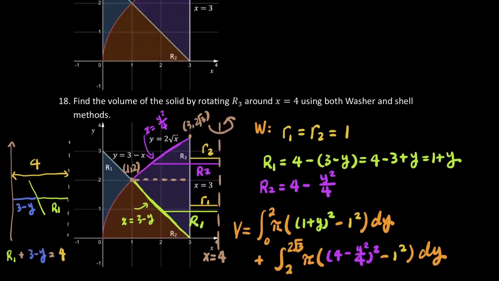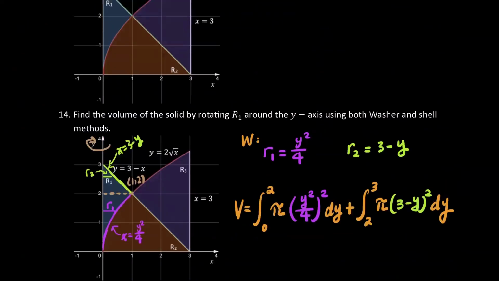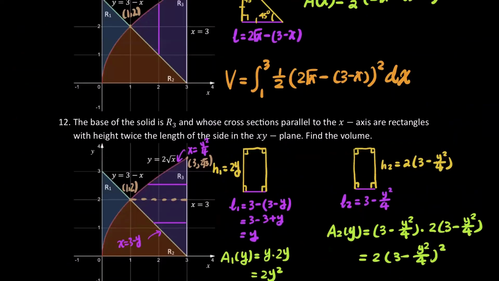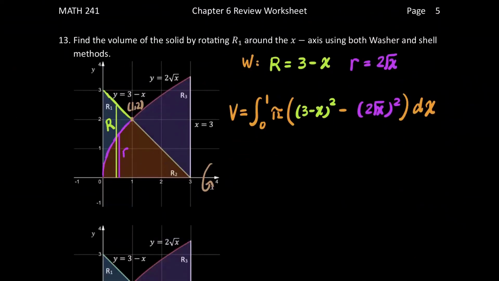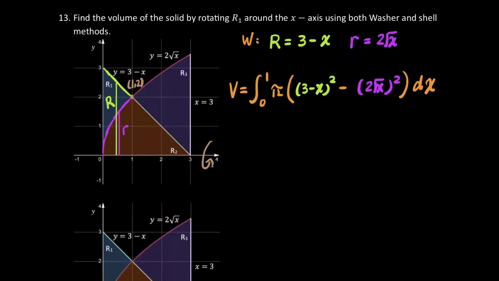Okay, so now let's go back. Do the same thing all over again, but this time we're gonna do shell method. Okay, so region number 1 around the x-axis.